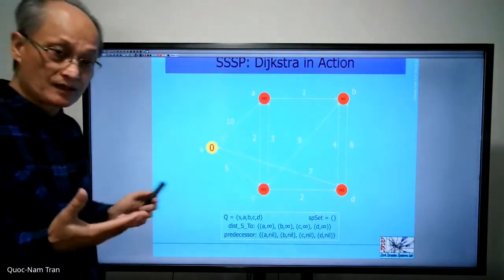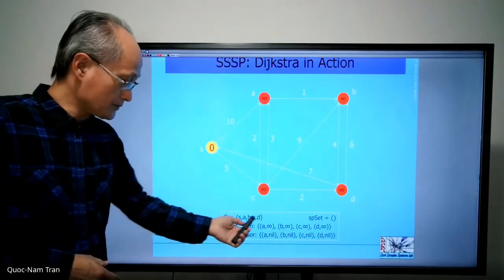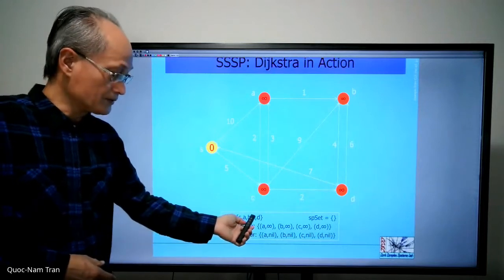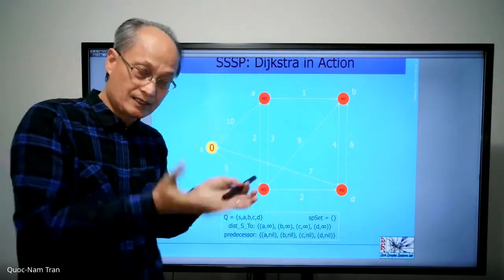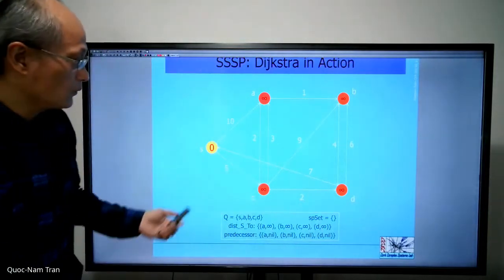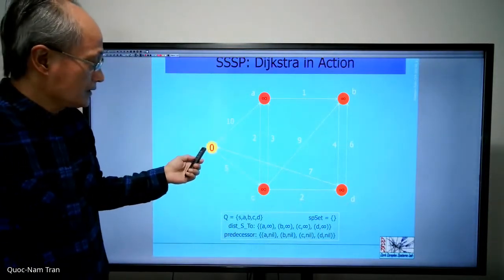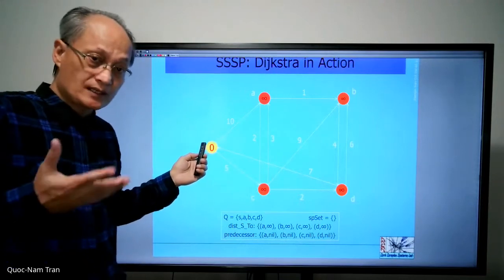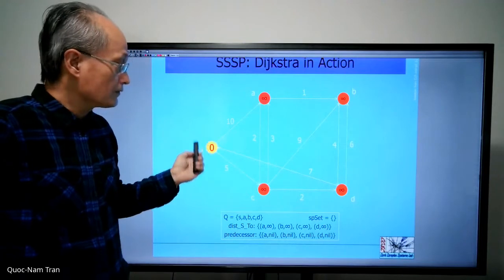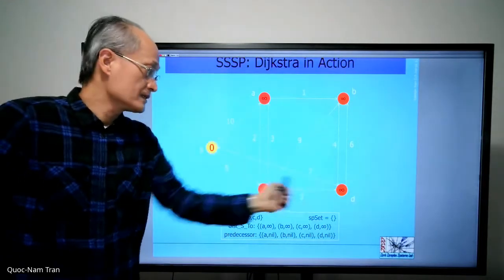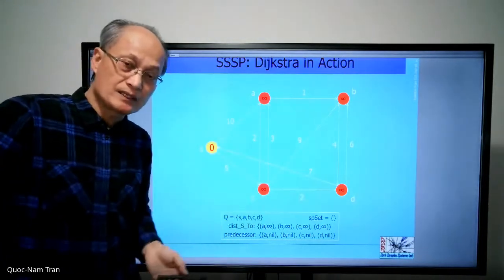First we have a queue of nodes that has all of the nodes, and the path at the beginning is empty. Now, the shortest distance from S to itself is 0, and from S to A, B, C, D, we initialize with infinity.